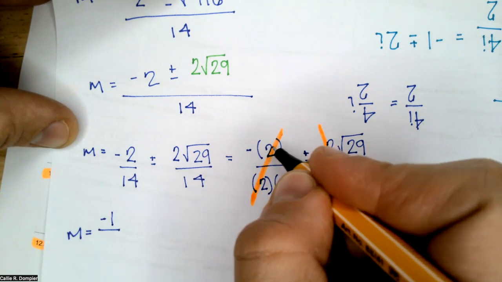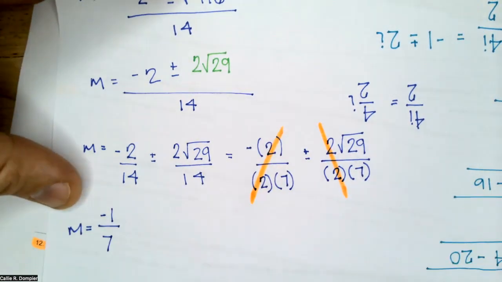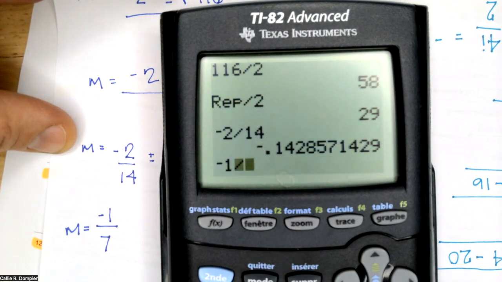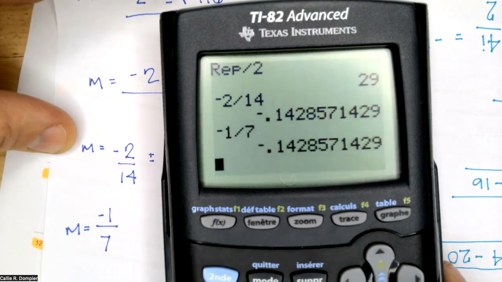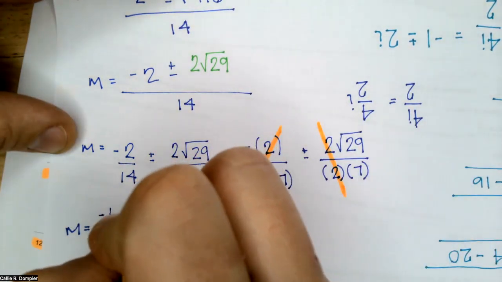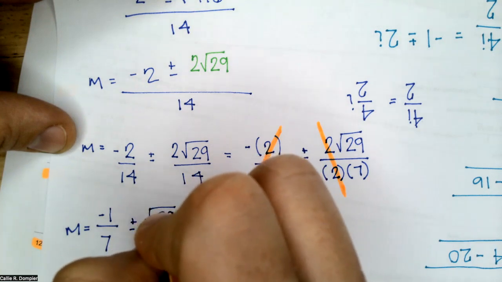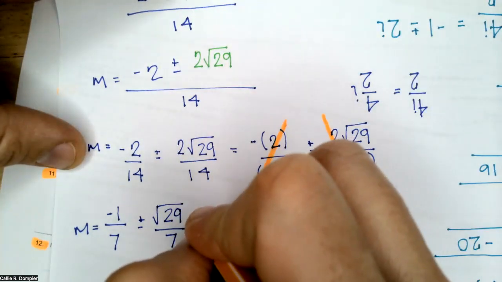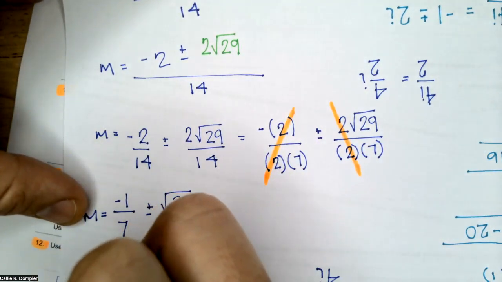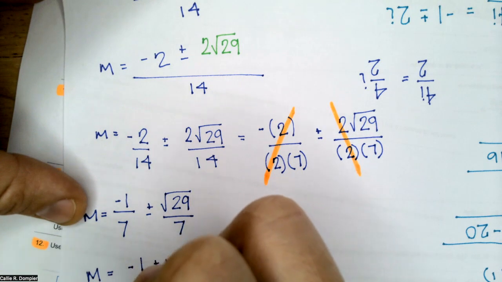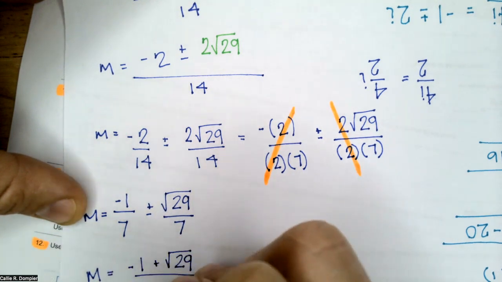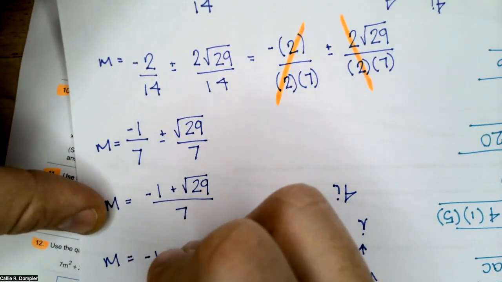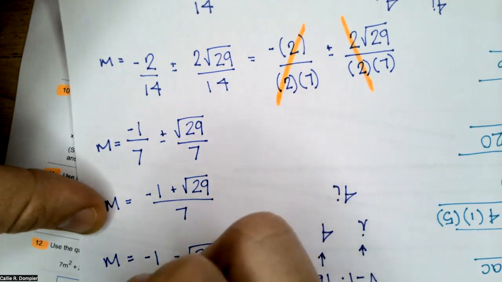It was a negative, now it's a -1 on the 7 on the bottom. -2 14ths is the same as -1 7th. You can check it. Good. Plus or minus the square root of 29 over 7. So that 2 and that 2 went away, so it's just the square root of 29. So that means we have m equals -1 plus square root of 29 over 7, and m equals -1 minus the square root of 29 over 7.